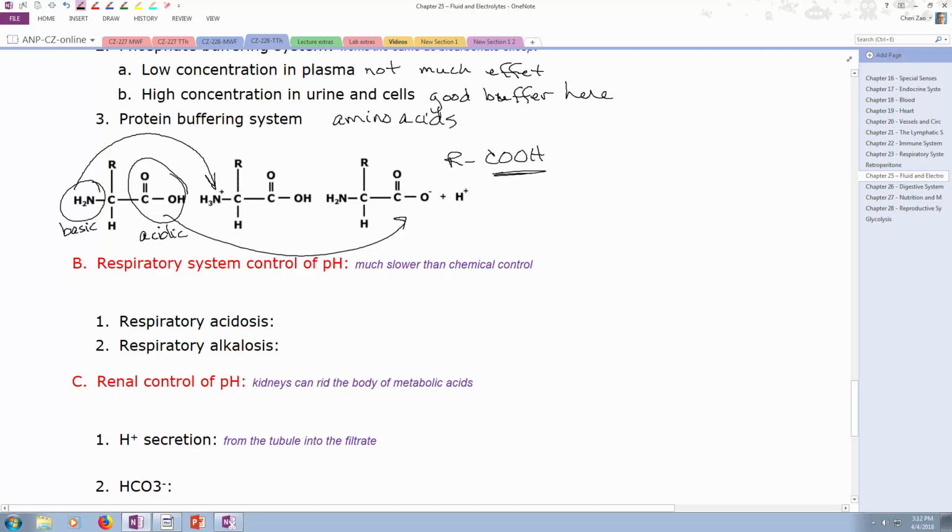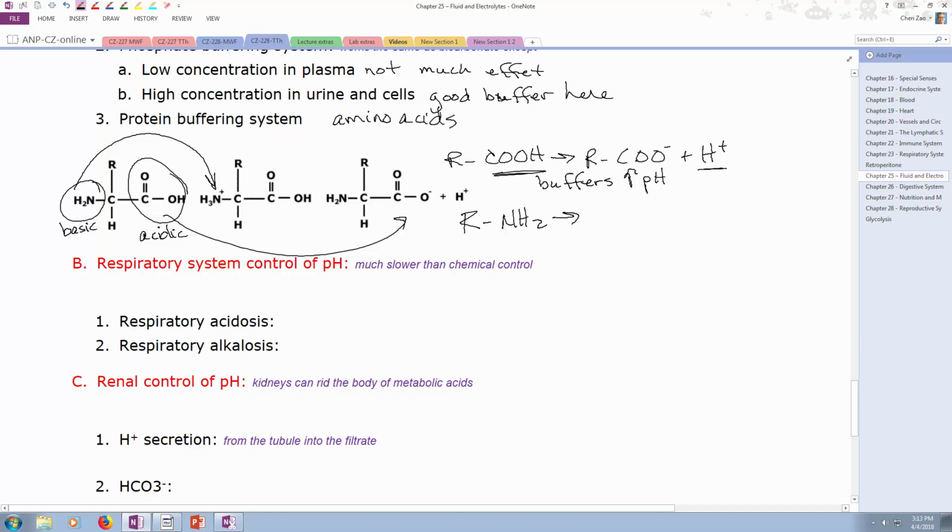So we have RCOOH, that's the acid side, can become RCOO minus plus H plus. And so what's nice about this acid side, if we are too alkaline or the pH is too high, that will be a buffer. And then the amine end, so the R is standing for a generic portion of an amino acid molecule.